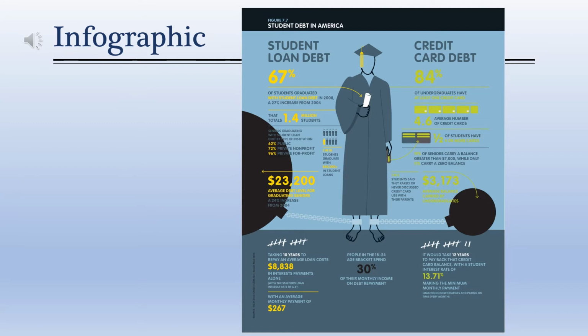And then the very bright text font, so that our attention is drawn significantly to these numbers: 67%, 84%. 23,000 is the average student loan debt. 3,000 is the average credit card debt that most students will graduate with. And so there's some very good choices being made here that have an impact on the persuasiveness of this argument.